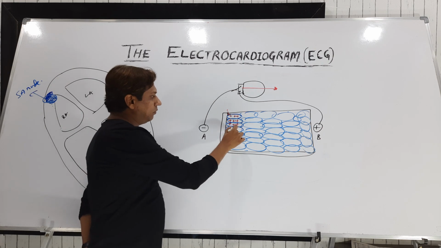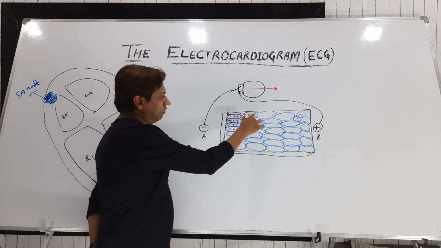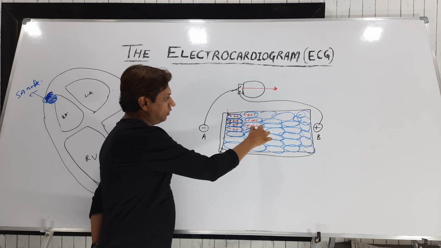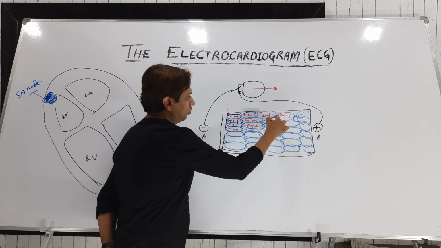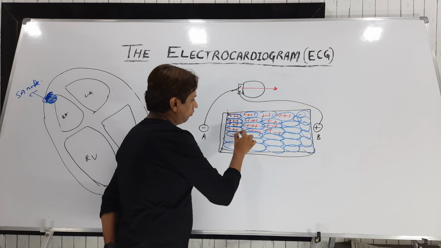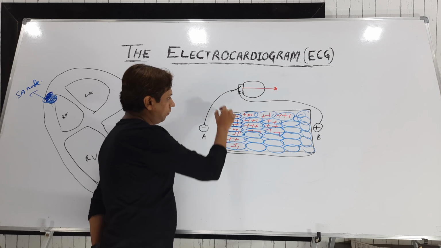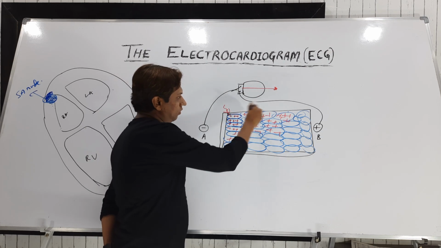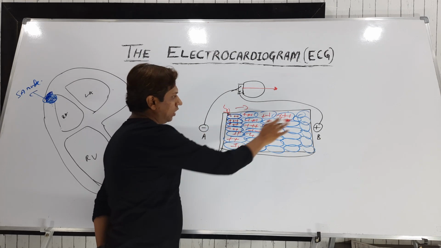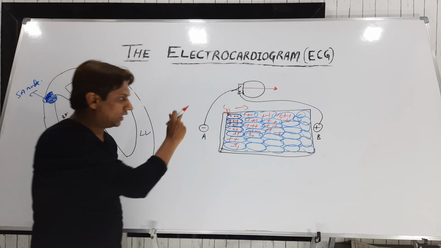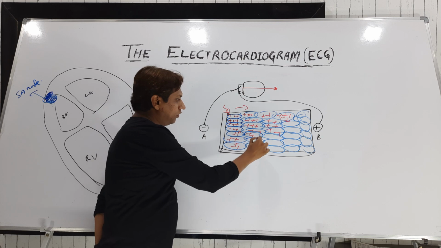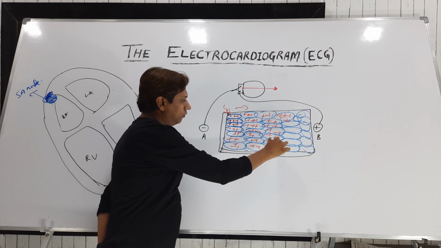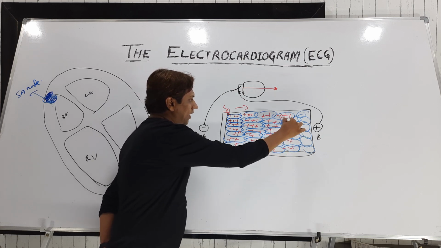So the interior of the cell becomes positive, and this depolarization is transmitted to the adjacent cells through the gap junctions, okay. So this wave of depolarization, suppose if we stimulate here, is transmitted in this direction, that is from this negative electrode to positive electrode, that is from point A to point B. So this depolarization wave goes from one cell to another cell in this direction.